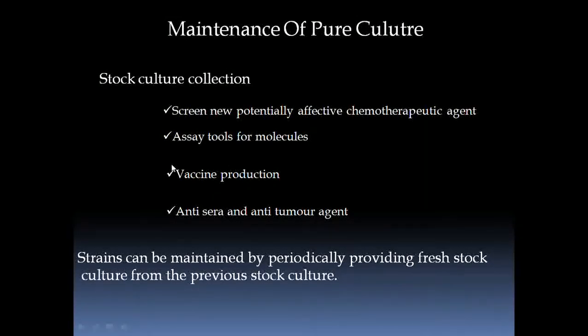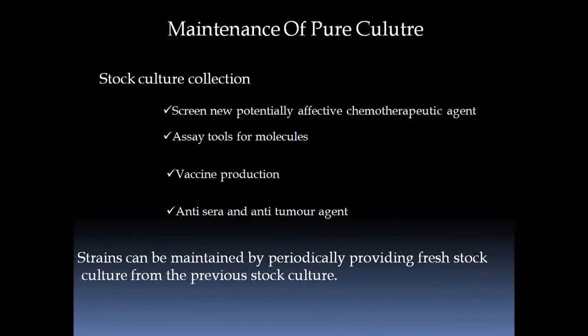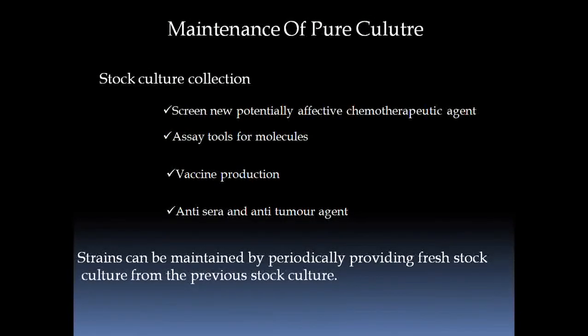Next, I can use it for vaccine production too, right? If I know that a colony can produce a specific product, say for example streptomycin, I can produce that particular pure culture in larger amounts and then have vaccine production done.